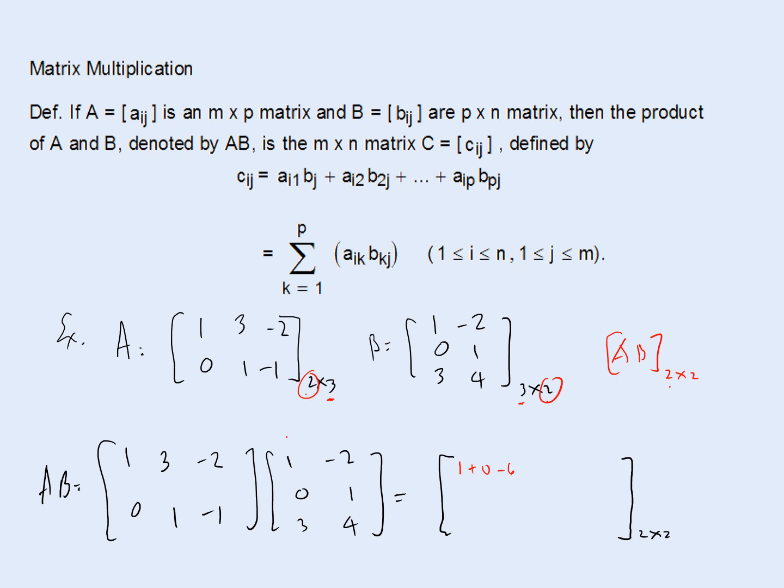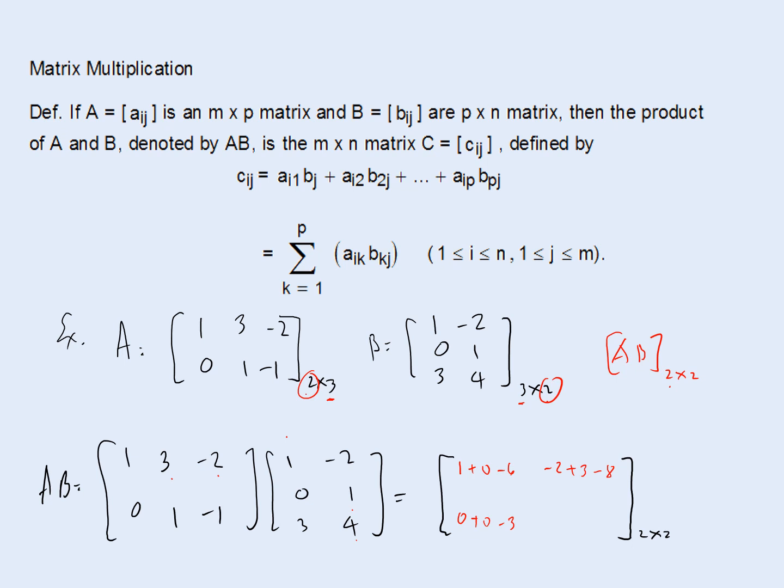1 times negative 2 is negative 2, 3 times 1 is 3, and negative 2 times 4 is negative 8. Since we are already done with the first row of A, we go to the second row. The second row of A, 0, 1, negative 1, is multiplied to each and every column of B. So 0 times 1 is 0, 1 times 0 is 0, and negative 1 times 3 is negative 3.